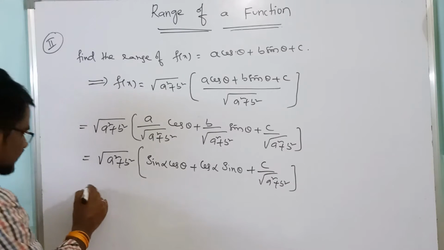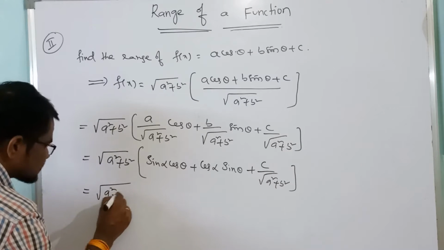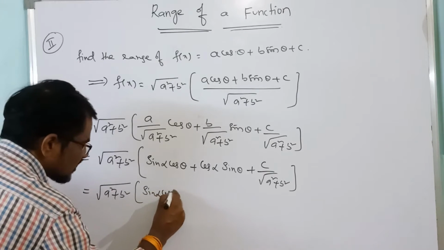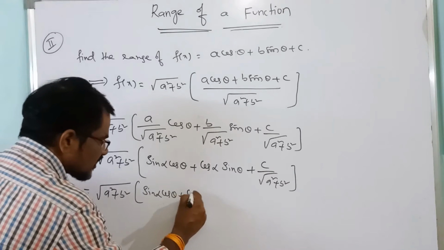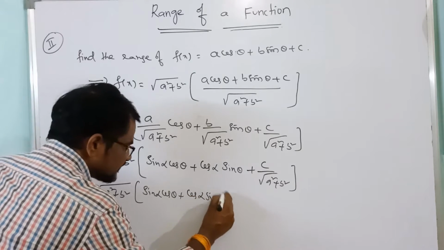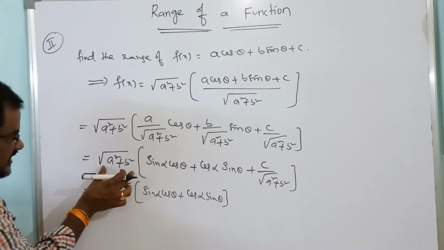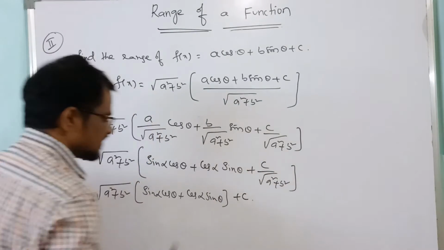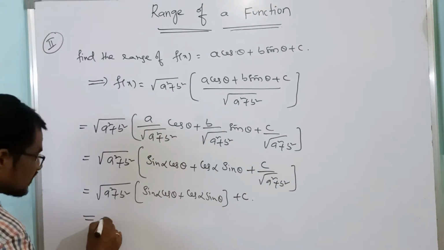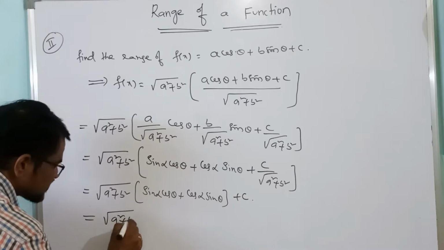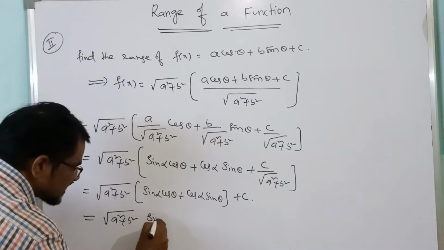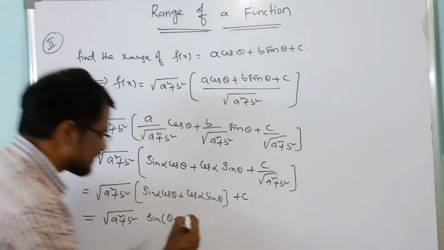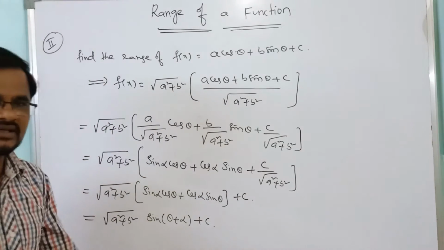Now that is equal to root of a square plus b square times sin alpha cos theta plus cos alpha sin theta, plus c. That implies root of a square plus b square, this can be written as sin of theta plus alpha, or alpha plus theta, plus c, right?